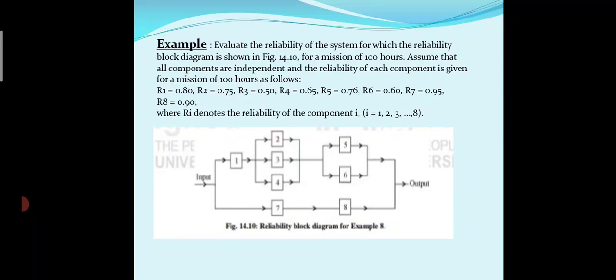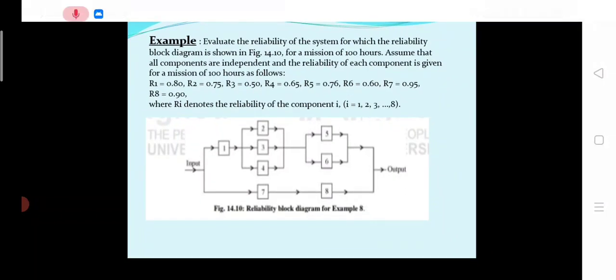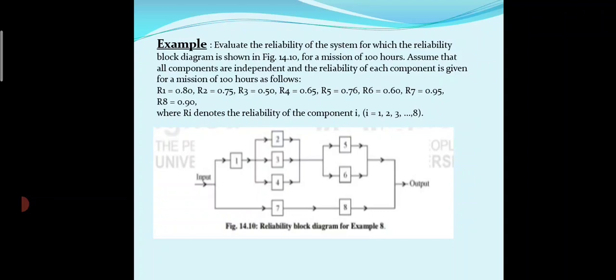Assume that all components are independent and the reliability of each component for a mission of 100 hours is as follows: R1 is 0.8, R2 is 0.75, R3 is 0.5, R4 is 0.65, R5 is 0.76, R6 is 0.6, R7 is 0.95, R8 is 0.90, where Ri denotes the reliability of component i, for i equal to 1, 2, 3 to 8. So this is the reliability block diagram.